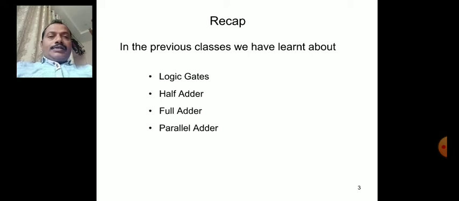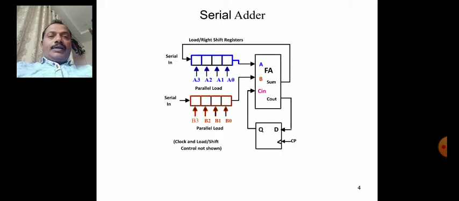We had discussed adder, full adder and parallel adders in the earlier classes, and now let us see the serial adder architecture. Here, one full adder is there. So A, B, C in are its inputs, and sum and carry out are its outputs.